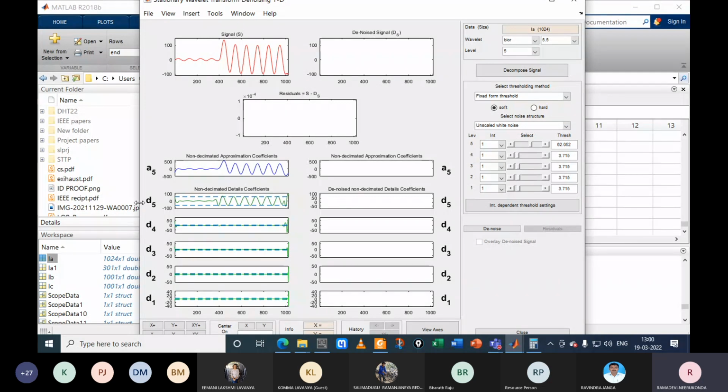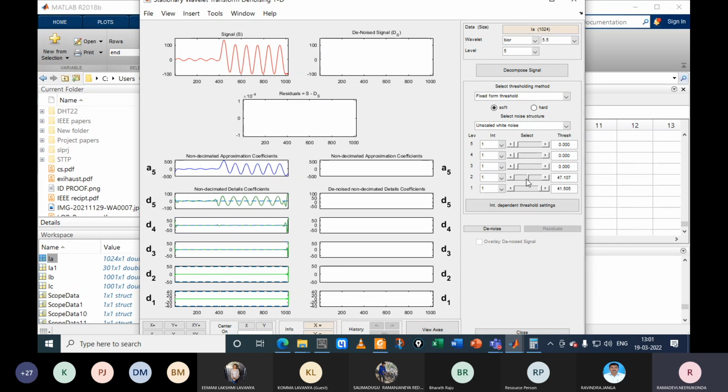You remove all the coefficients corresponding to D5, or you can keep only that and remove all the other levels of detail coefficients. So these are the levels corresponding to the approximate.